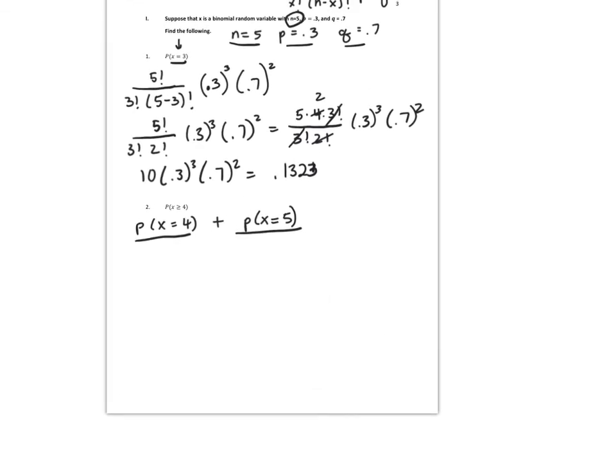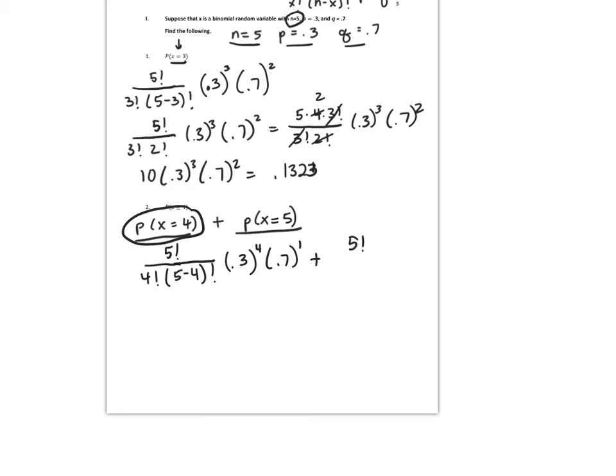If you use the formula, this first one would be 5 factorial over 4 factorial times 5 minus 4 factorial, p, which is 0.3 to the x. In this case, it's 4, and 0.7 to the 1. Remember, those two exponents must add up to n. Plus probability x equals 5.